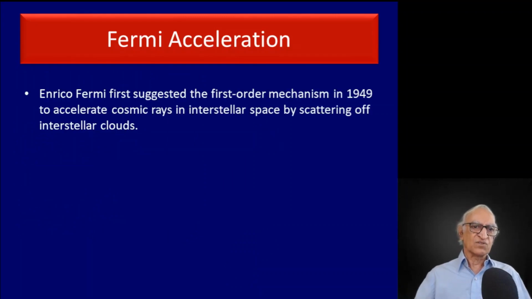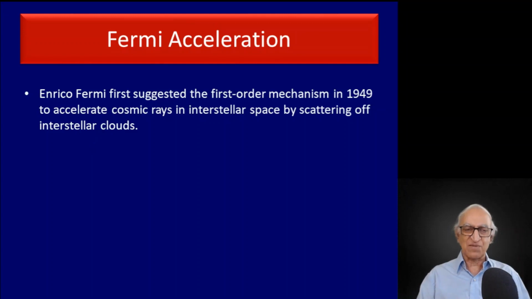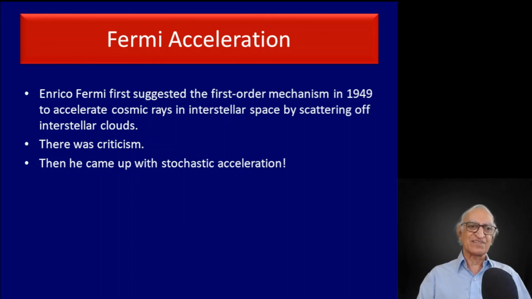So to summarize, Enrico Fermi first suggested a first-order mechanism in 1949 to accelerate cosmic rays in interstellar space by scattering off interstellar clouds with frozen-in magnetic fields. He was severely criticized, and then he came up with stochastic acceleration, which cannot be wrong.